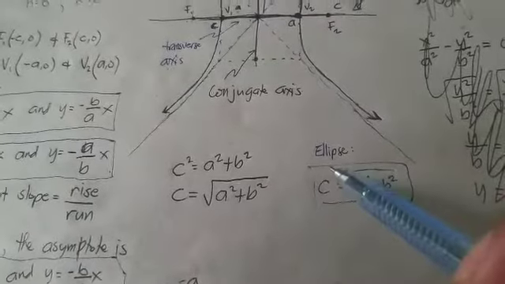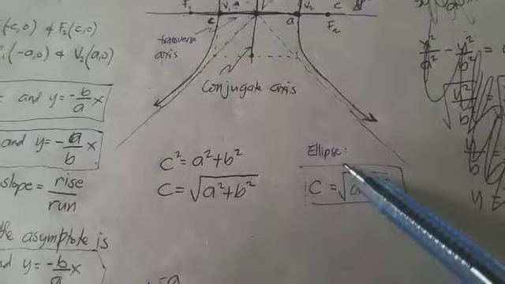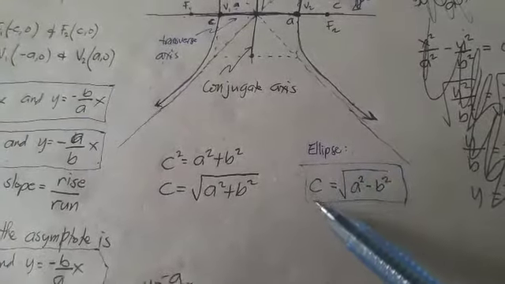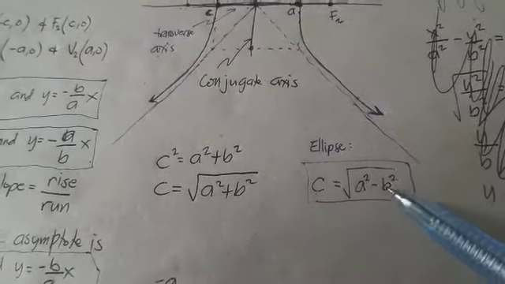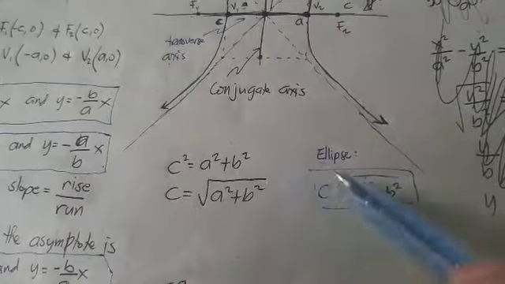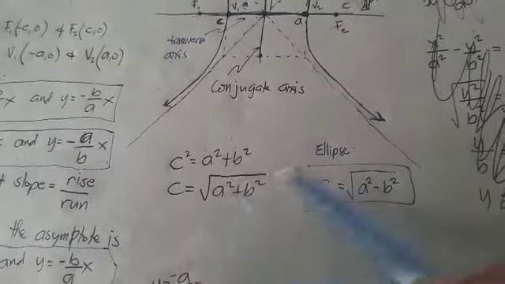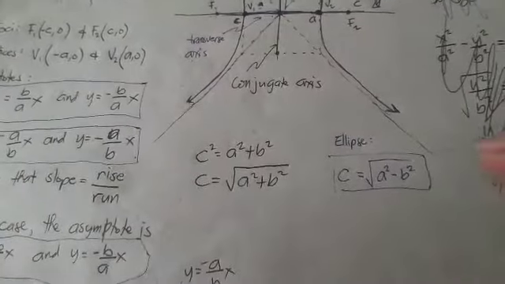Unlike in the ellipse, remember that to identify the value of c, we have c equal to the square root of a squared minus b squared. So we need to differentiate them so you won't get confused about how to identify the value of c.